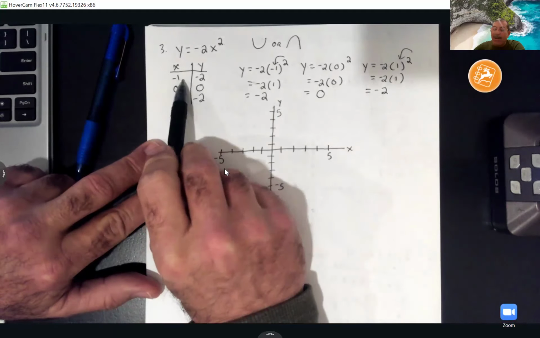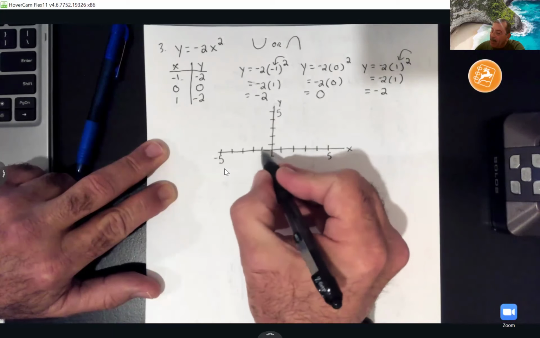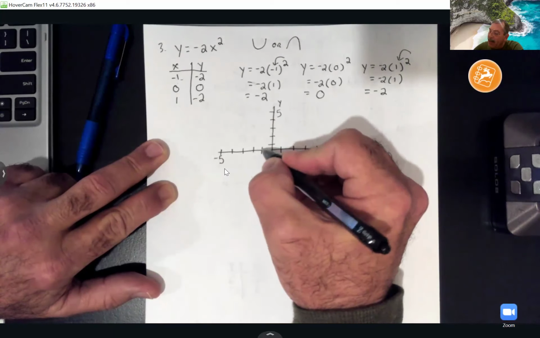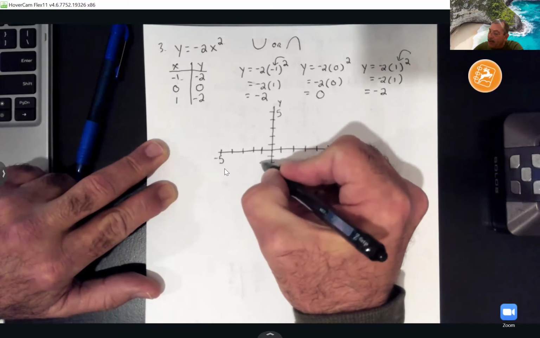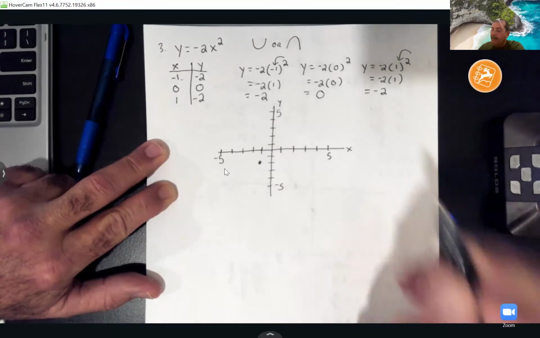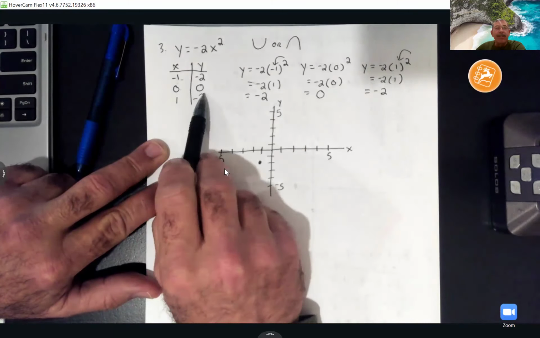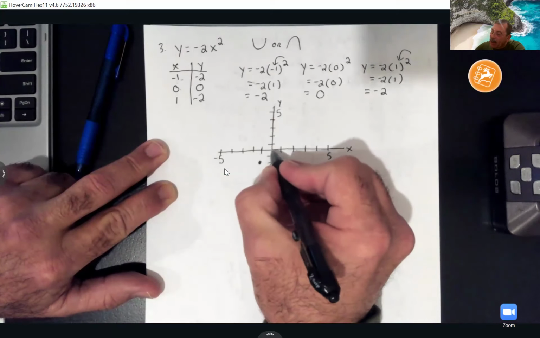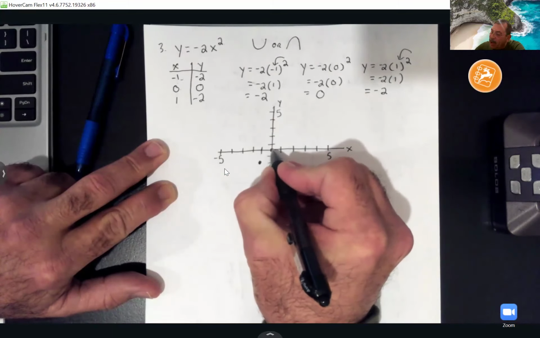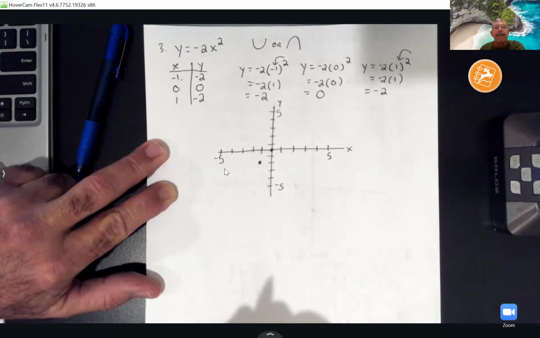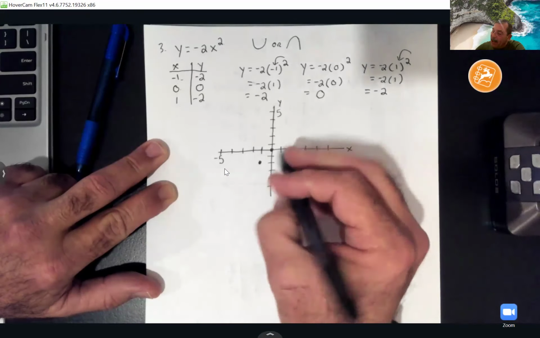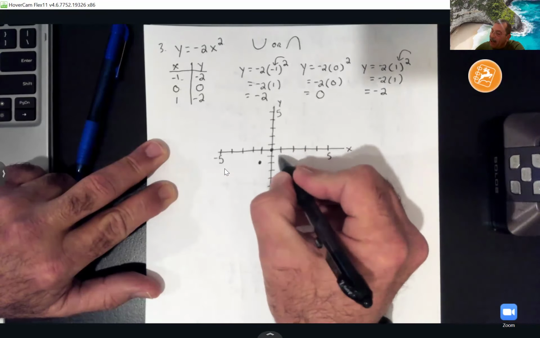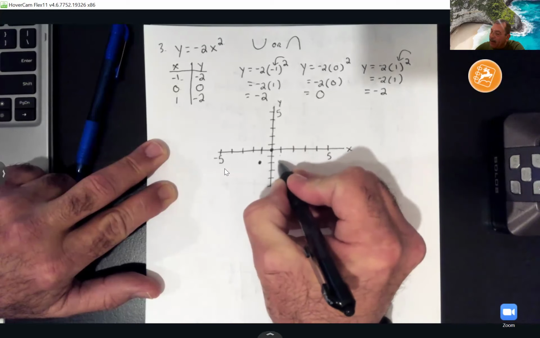All right, so -1, -2. I would come over here to -1, and then I would go down 2 and put my first point. 0, 0, that's nice, y'all. 0, 0 is right here in the origin, we call it. And then we had 1, -2. So go right 1 and then down 2.